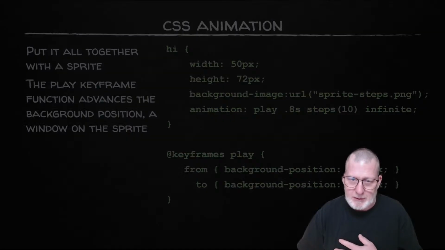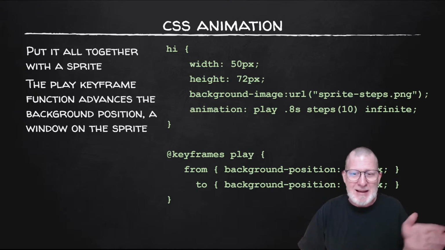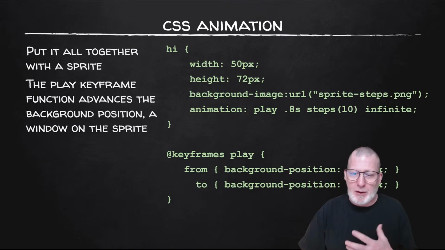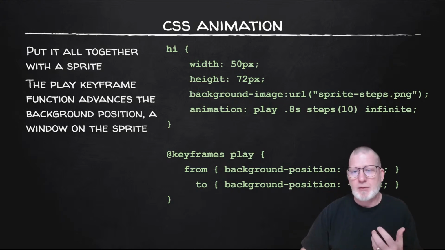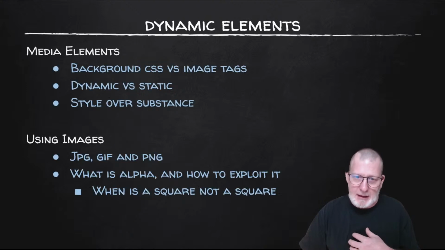So we talked about doing our animation before by using keyframes. That changes things over time. Well, instead of changing around the background position, I might actually change a transform.